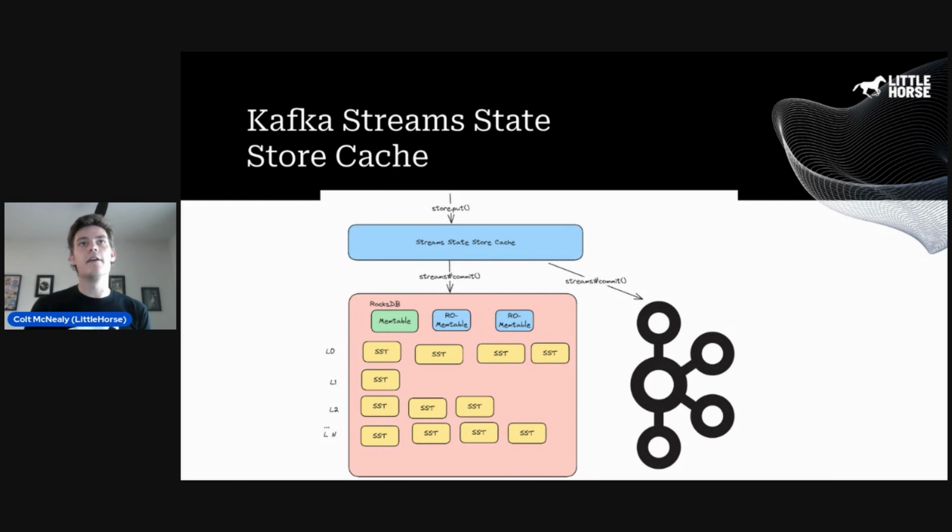But this is a cool optimization that Kafka Streams does that reduces the write load to RocksDB and also the read load as well, and reduces the write load to the Kafka Streams changelog topic. So in Kafka Streams, there's this abstraction called a state store, which is basically a combination of a changelog topic, which serves as the write-ahead log, and also a RocksDB instance, which is kind of the index.